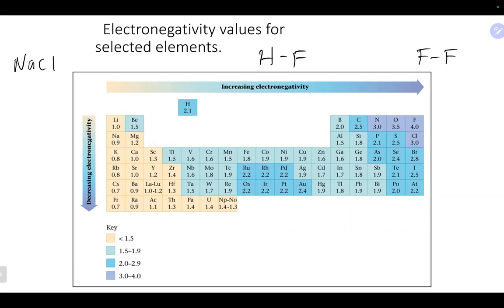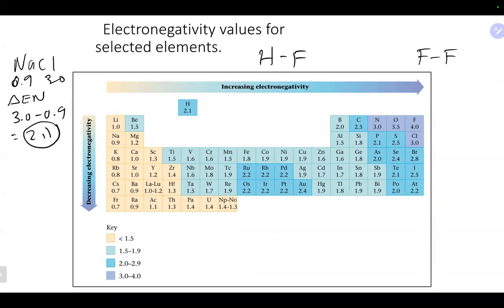We'll start with our sodium chloride. Sodium's value on the table there is 0.9. Chlorine's value on the table is 3. Here, we're just going to take the larger number minus the smaller, so we get a positive number. The difference in electronegativity will be 3 minus 0.9. That is 2.1.